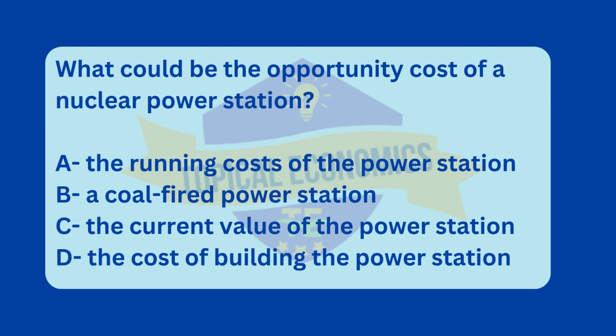Opportunity cost is about what is foregone by choosing one option over another, not the current value of the decision that was made. Lastly, option D. The cost of building the power station is incorrect, because the cost of building the nuclear power station is an explicit cost incurred in the construction process, not the opportunity cost. The opportunity cost refers to what resources could have been used for instead, in this case, a coal-fired power station, not the actual cost of building the plant.